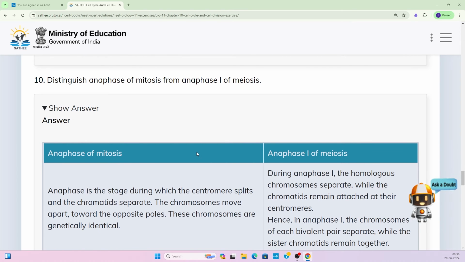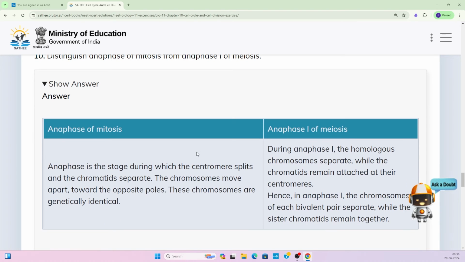Next question. Distinguish anaphase of mitosis from anaphase 1 of meiosis. If we see the anaphase of mitosis division, anaphase is the stage during which the centromere splits and the chromatids separate. The centromere splits into two and the chromatids get separated. So this occurs in the anaphase. The chromosomes move apart toward the opposite poles, and when the centromere splits, it is attached with the spindle fibers, so these spindle fibers move in the opposite direction, right?